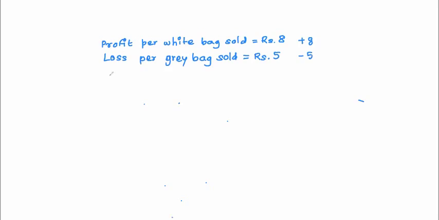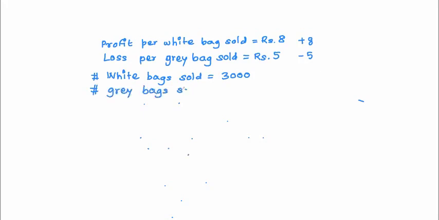So the number of white bags sold is equal to 3000, and number of gray bags sold is equal to 5000.